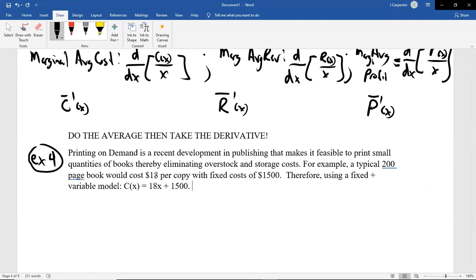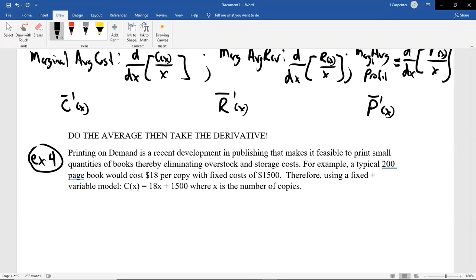If you want 100 copies, you'll pay $18 per copy. So $18 per copy means 18x. So this is the variable cost, 18 times the number of copies, where x is the number of copies. Number of books, number of copies, whatever.